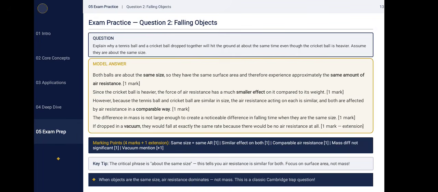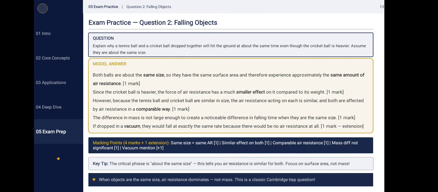Questions, which is also from your book. Explain why a tennis ball and a cricket ball dropped together will hit the ground at about the same time, even though the cricket ball is heavier. Assume they are about the same size as well. Now what does the examiner want to know?